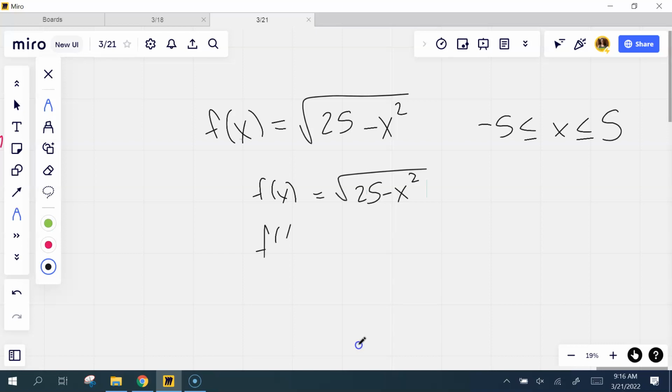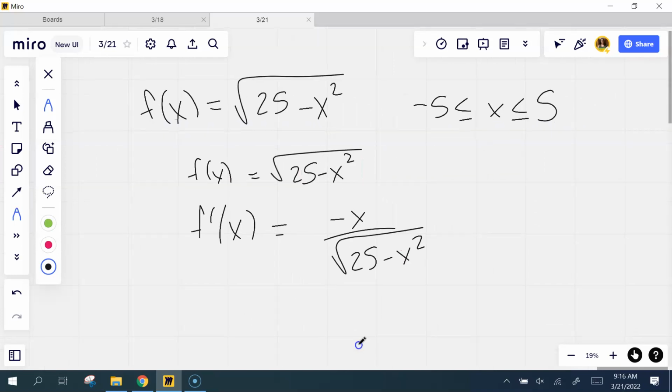And so whenever you did it, you ended up with negative x over the square root of 25 minus x squared. And of course, that's because the 2x and that 1/2 canceled each other out. But you have to put this restriction back on it in order to count. Because it's initially defined and it still impacts the function.